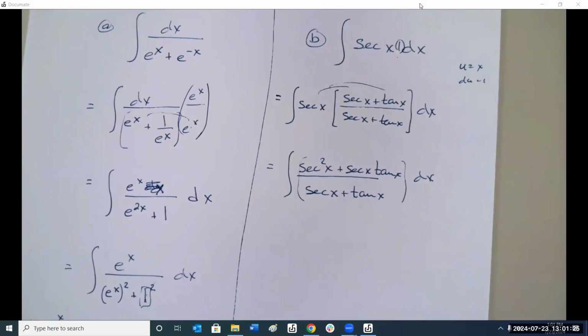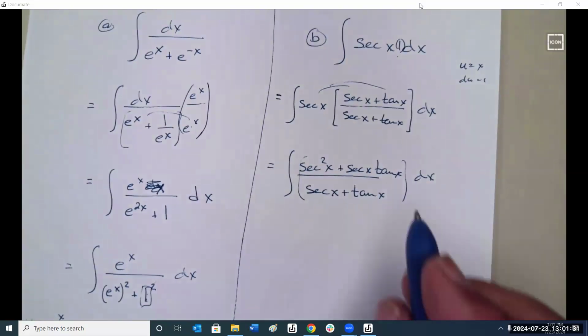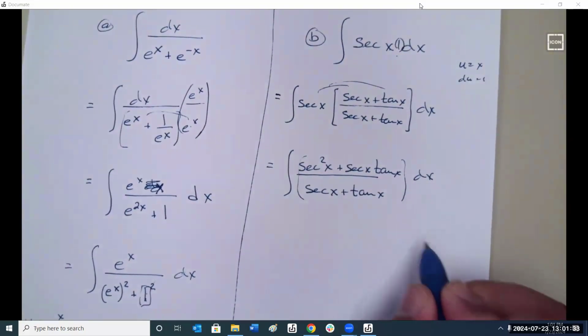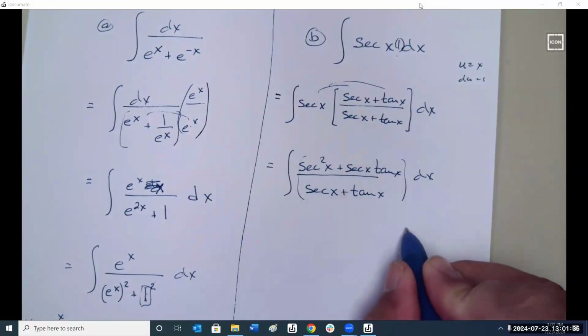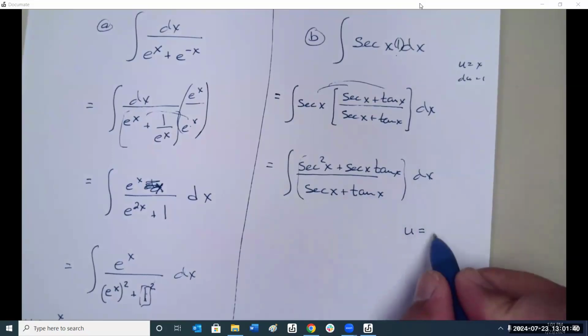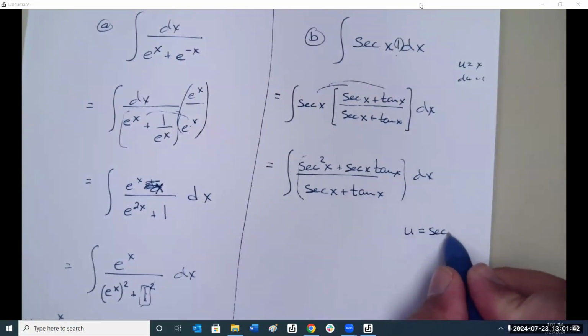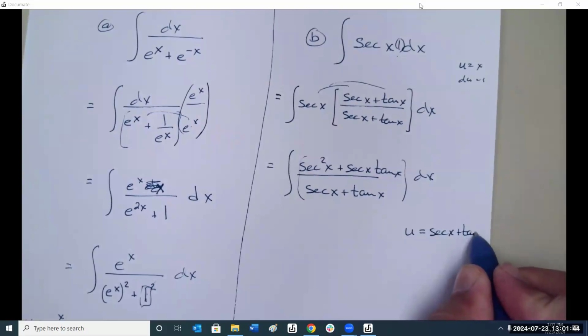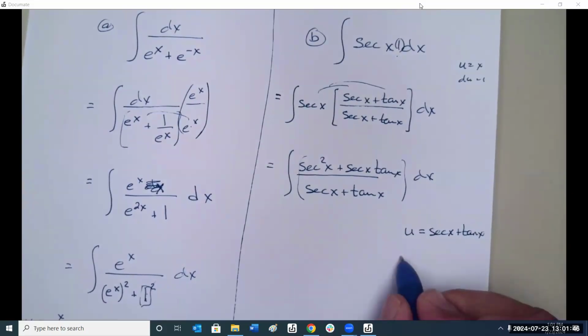What's important about that one? Our u is the denominator. What's du?